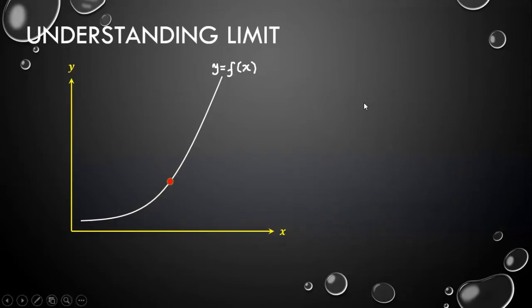On this function, let's say this one is point A. This point has a tangent line. Is it clear to everyone?